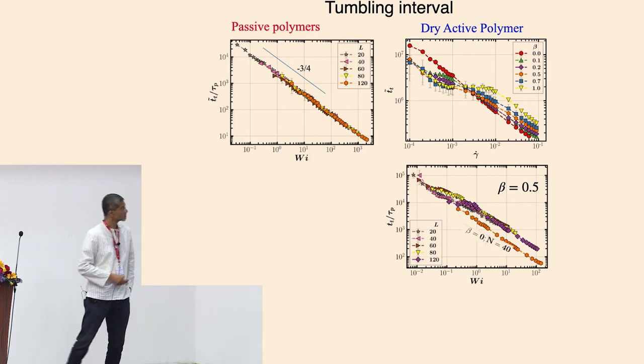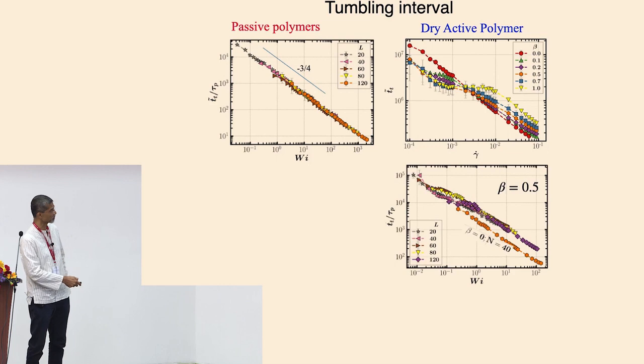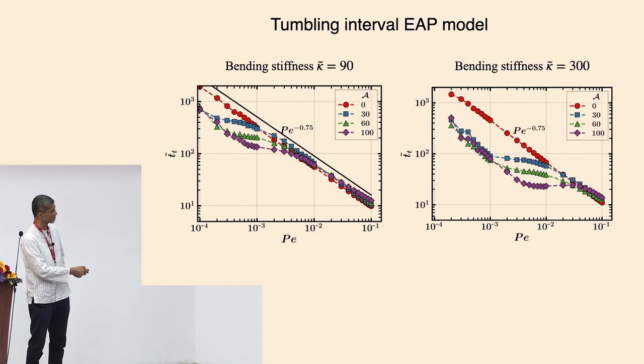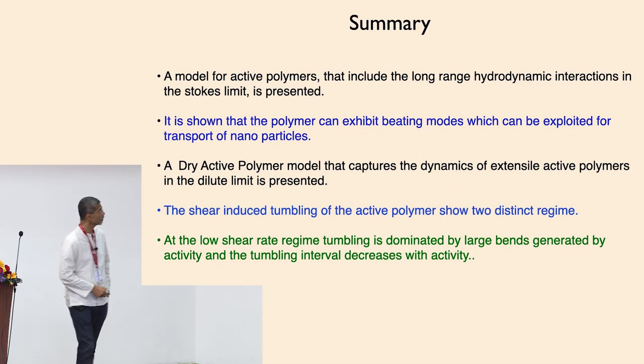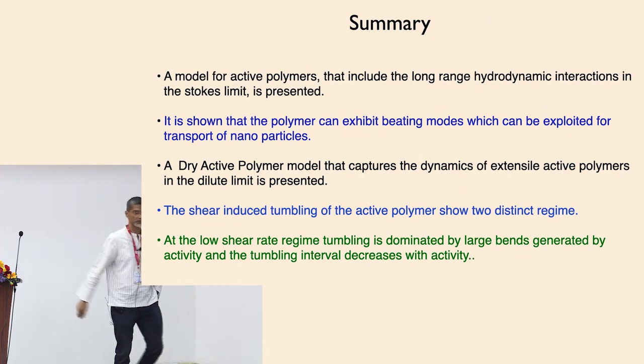So that is all I wanted to show you, this comparison between these two plots. If you look at this and at this, they look like similar plots, except that the numbers are different because we don't have the exact matching between this activity and that activity yet. So I'll just summarize here.